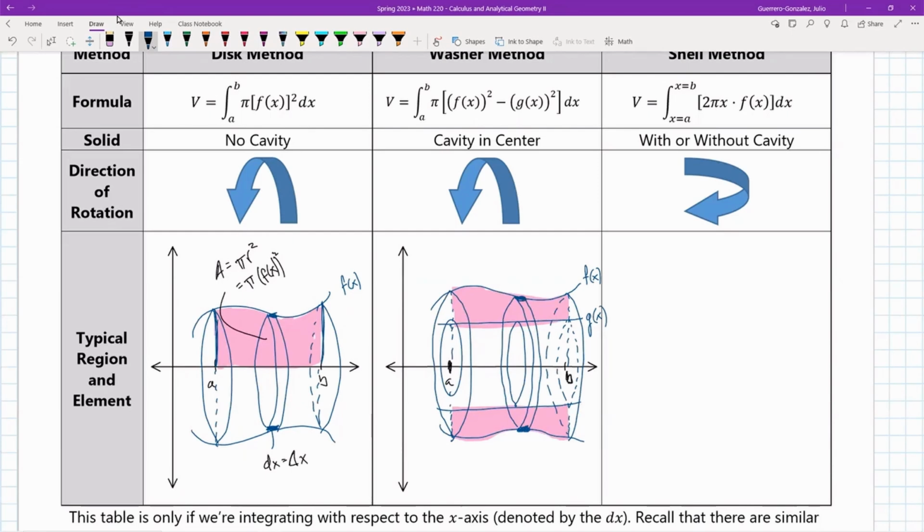Okay. So remember that thickness is still going to be our dx, which, back from our construction, was our delta x. It's going to be the thickness for our washer, correct?